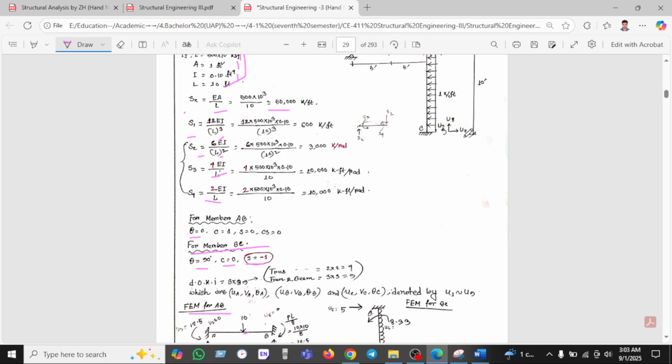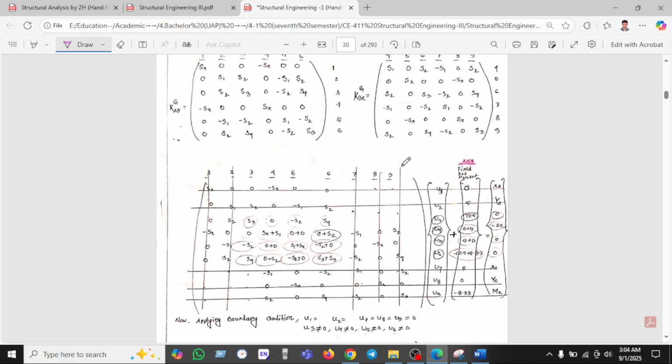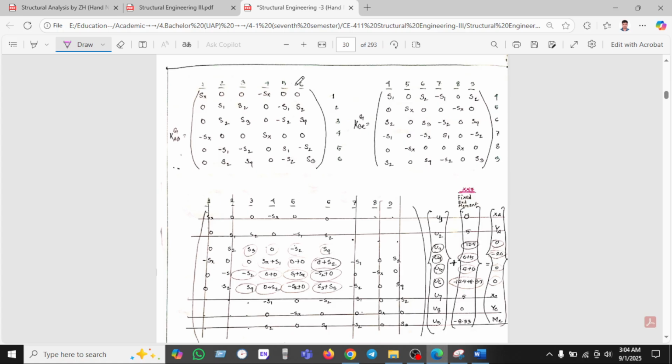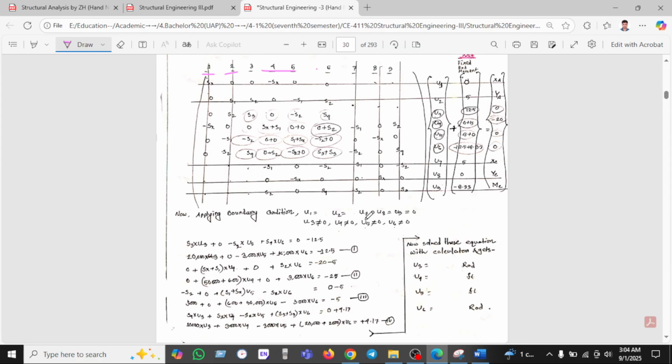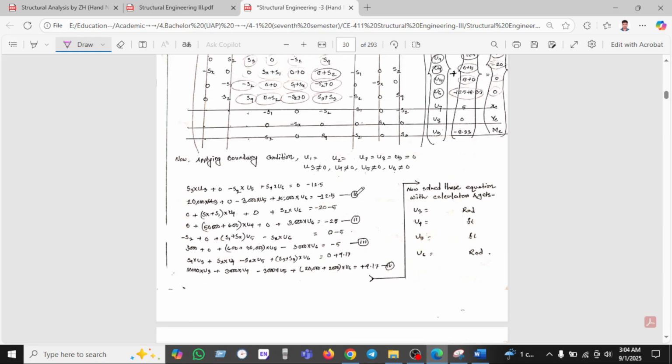And the same thing for 7, 8, 9. 7 is axial, 8 is vertical, and 9 is rotation. So we can use this stiffness matrix. We can see 1, 2, 3, 4, 5 and find this below. Okay, after calculating, we can find all this data.